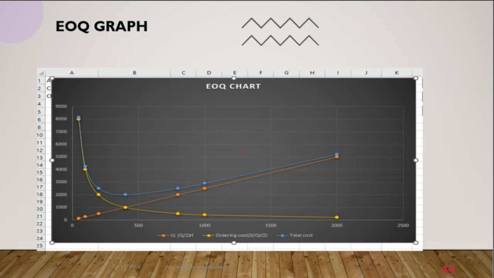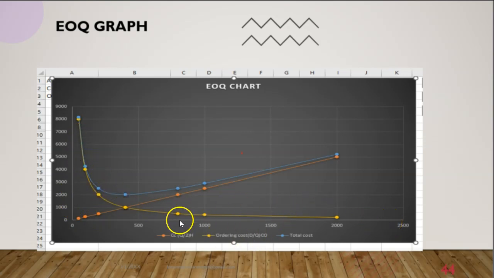Here the blue curve represents the total cost of inventory. Then the red straight line represents the carrying cost of inventory. Then the yellow one represents the ordering cost.